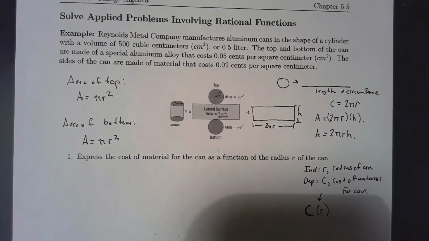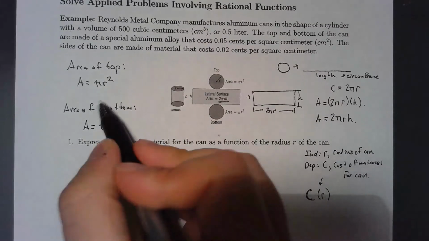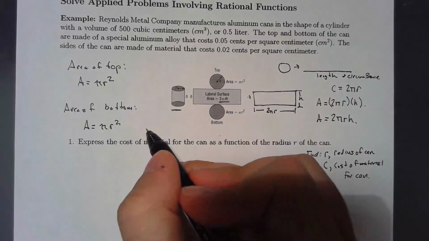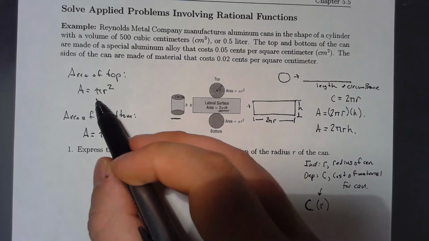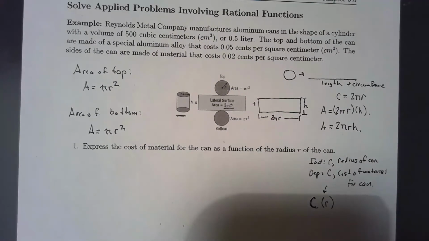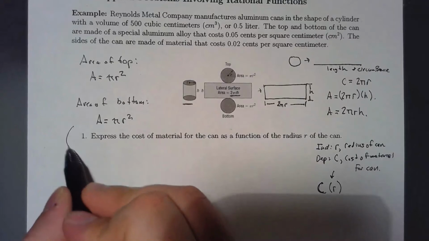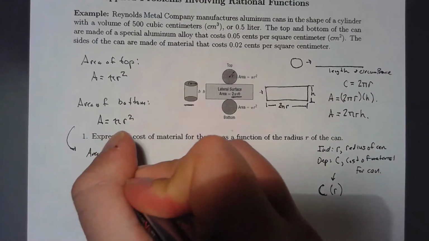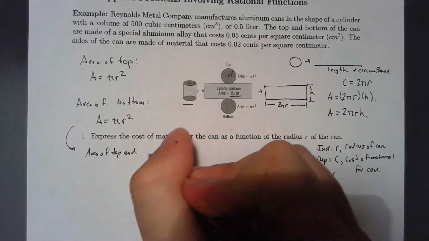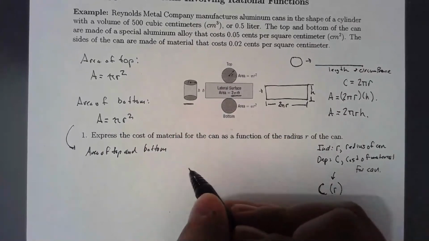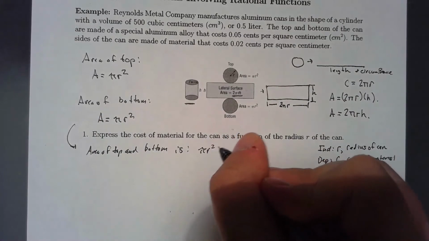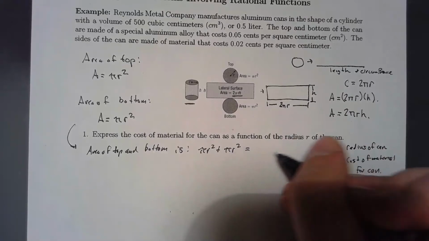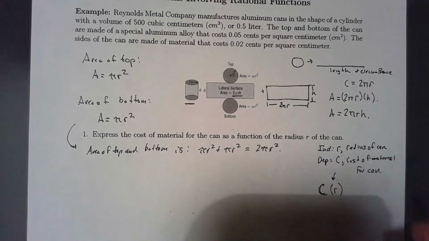You just add them: pi r squared plus pi r squared, which is 2 pi r squared. Let me write that down here.